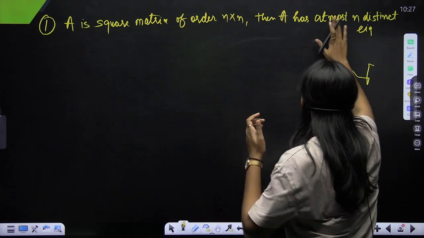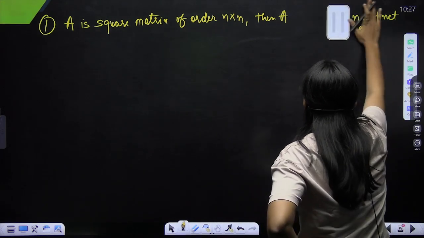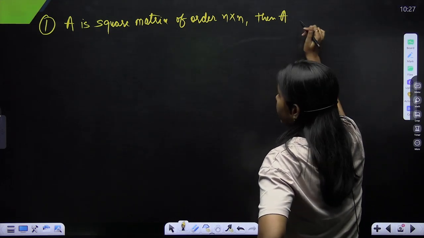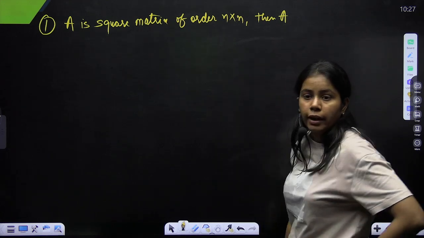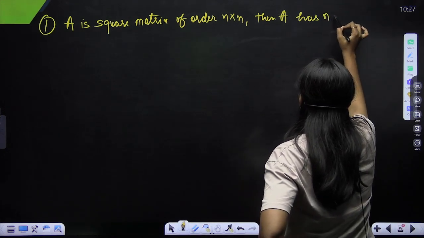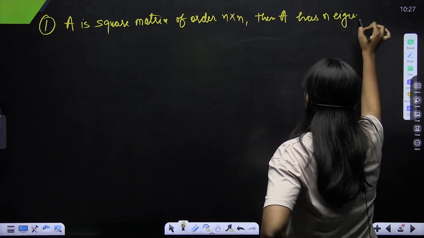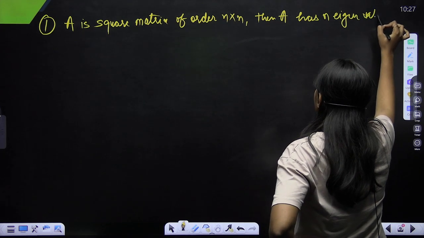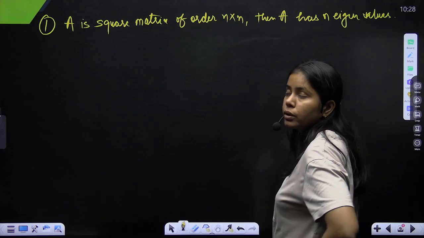Or first write this: if A is a square matrix of order n cross n, then A has n eigenvalues. N eigenvalues will be there.